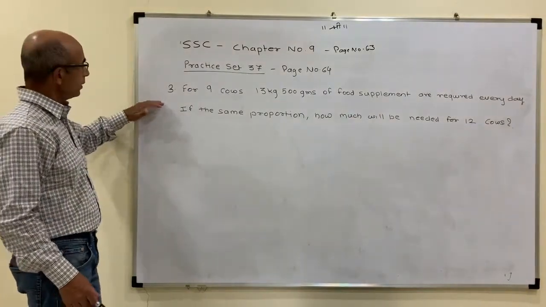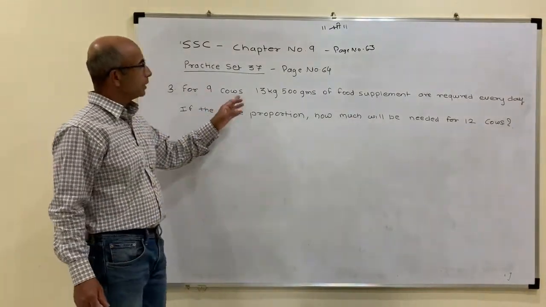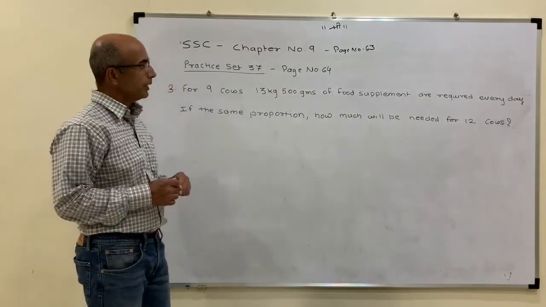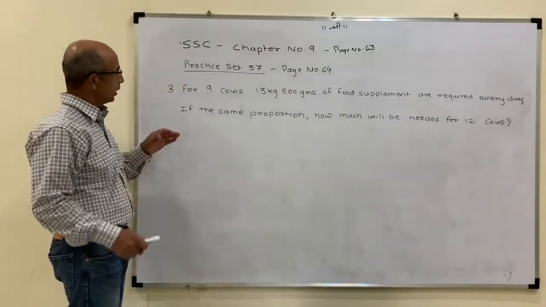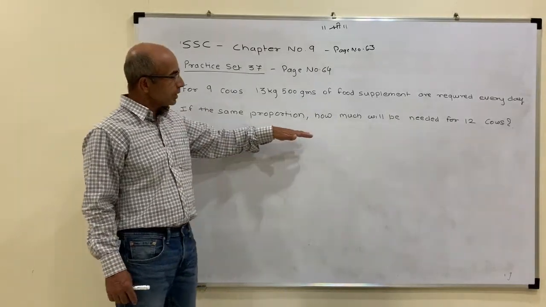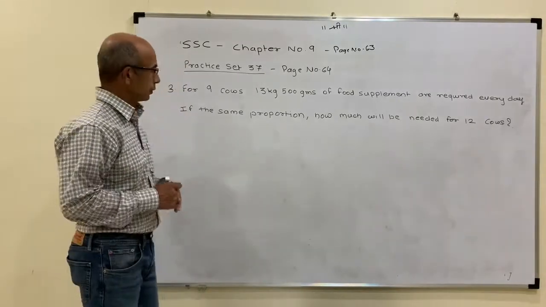Question number 3. For 9 cows, 13 kg 500 grams of food supplements are required every day. If the same proportion is maintained, how much will be needed for 12 cows?